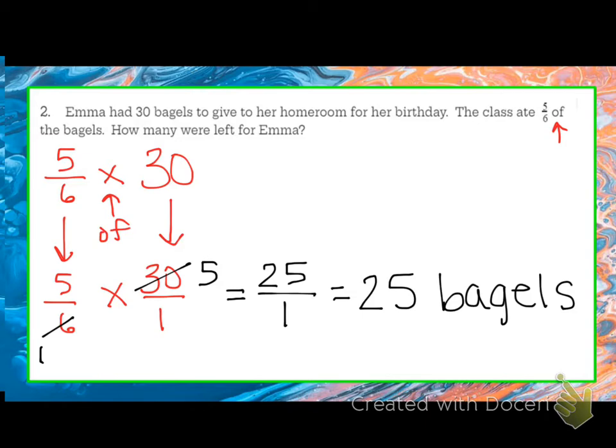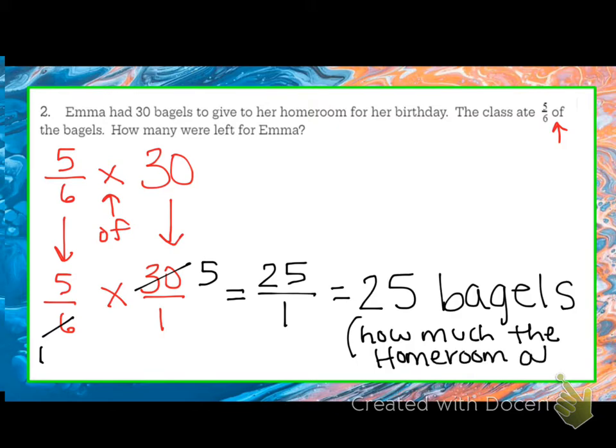Okay, so this is how much the homeroom ate. And it's very important we understand this because if we look back to our problem, it is asking how many were left for Emma, which is not 25.